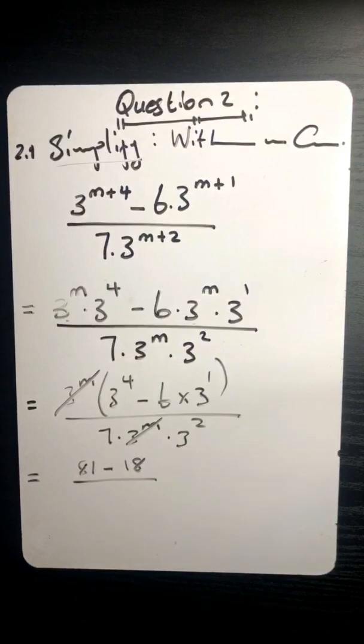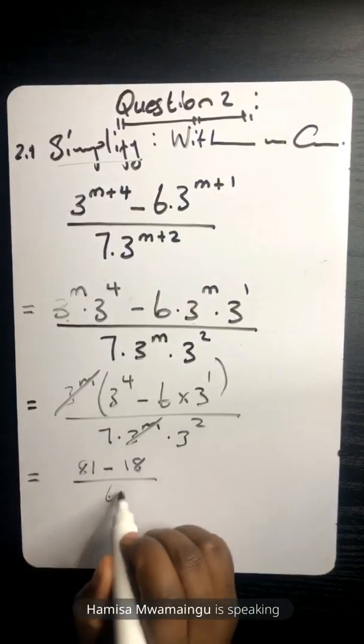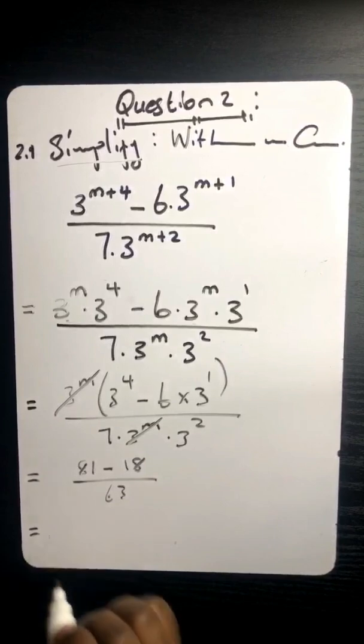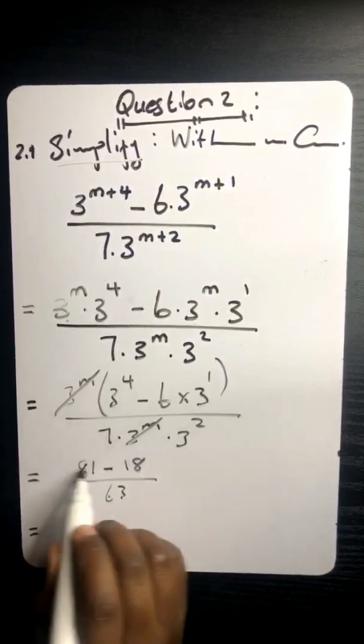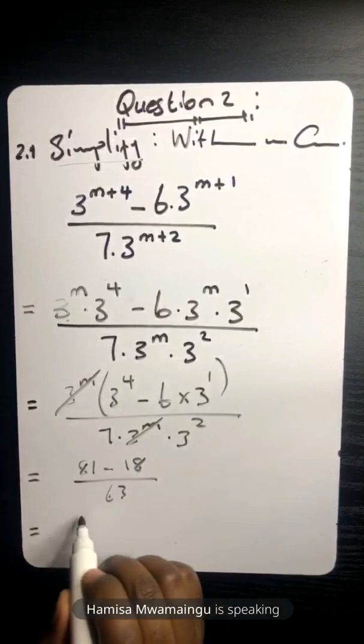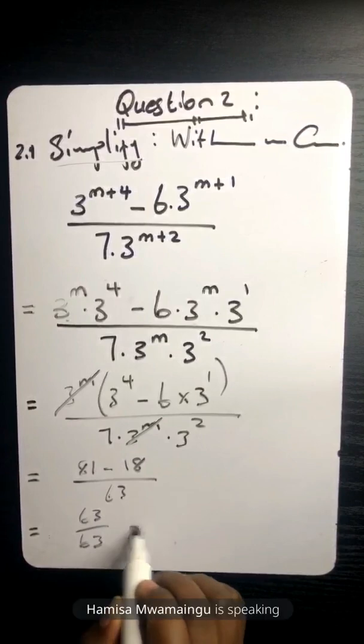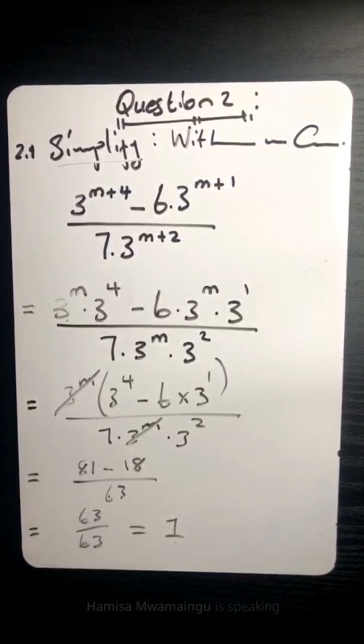Are you sure? Yes, calculate it. Oh, yes, she used the calculator. What is that? 63. So it's more like we're having 63 divided by 63, which is 1.